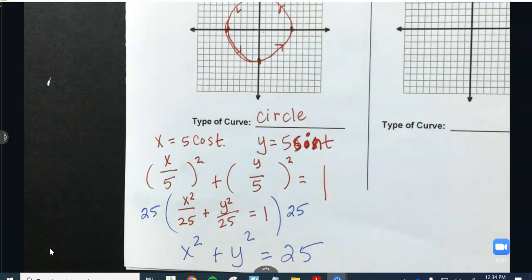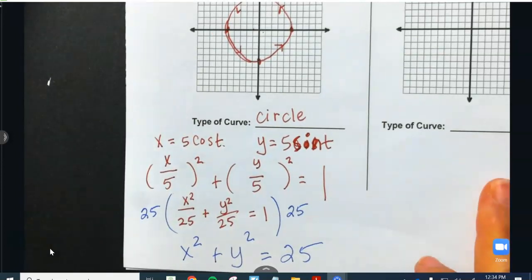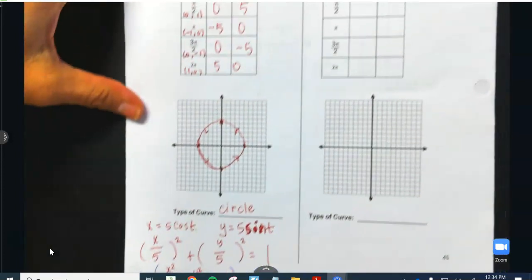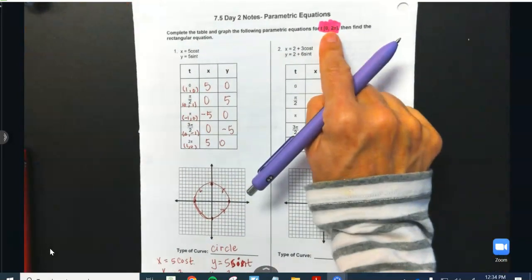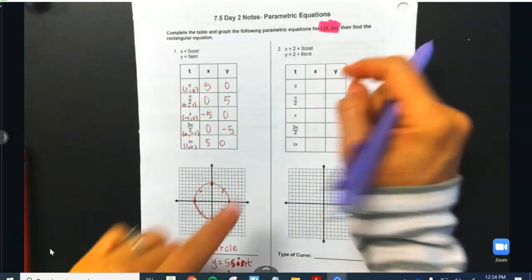You already know this. Every time you've been writing something in standard form, you've been writing these conic sections in rectangular form the whole time. So rectangular form and standard form are the exact same thing.